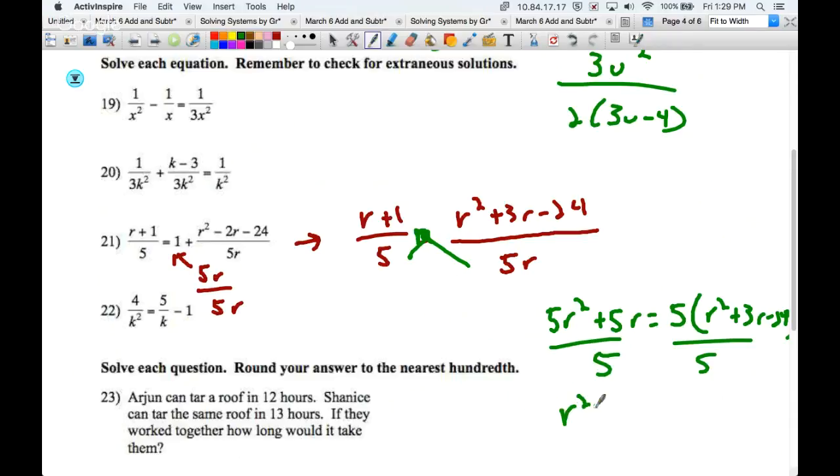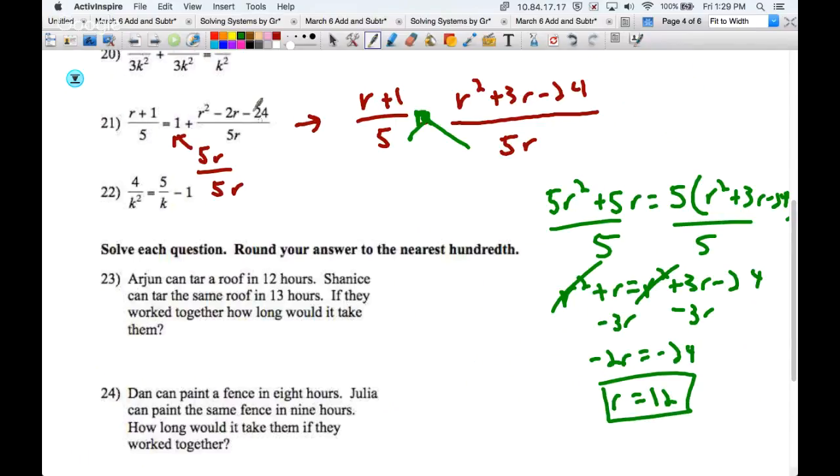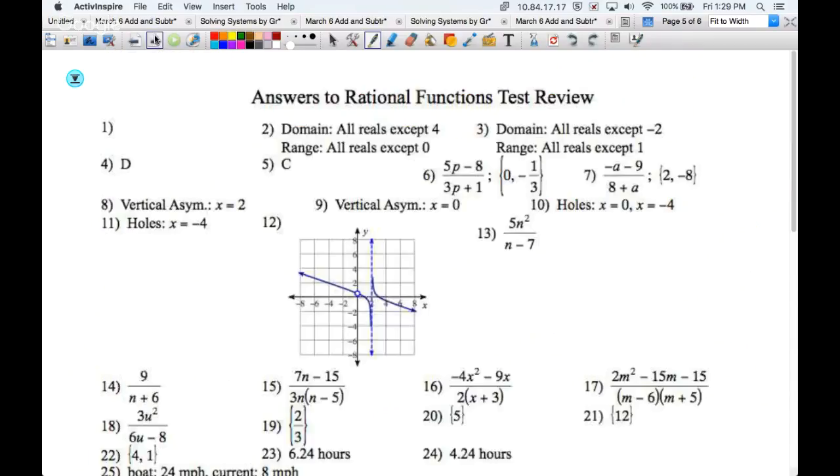Now I've got r squared plus r equals r squared plus 3r minus 24. The r squares cancel. I'll subtract 3r from both sides. Negative 2r equals negative 24. Therefore, r equals 12. Plug it back in to make sure it's not an extraneous solution. Let's see, r does equal 12.